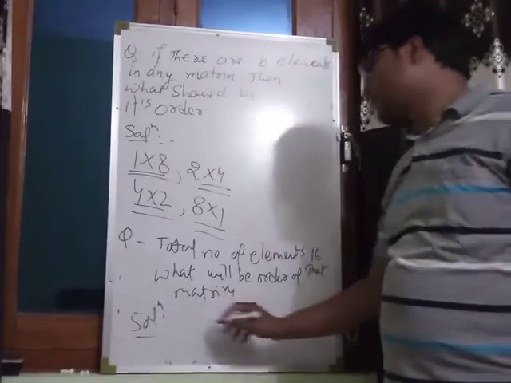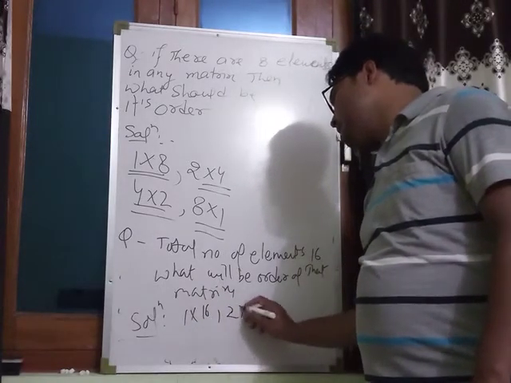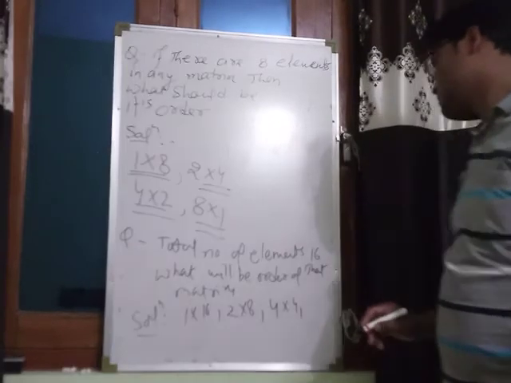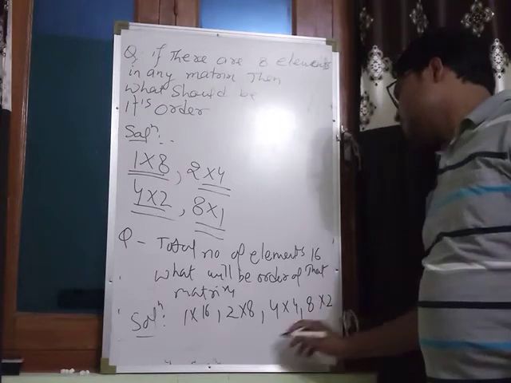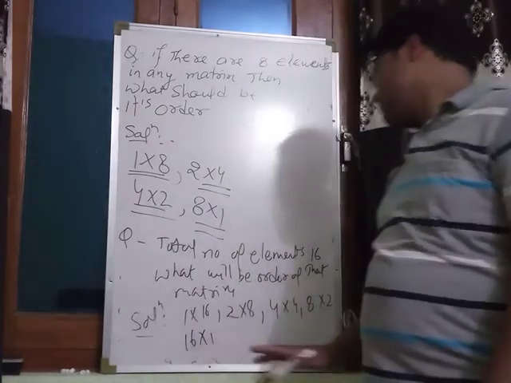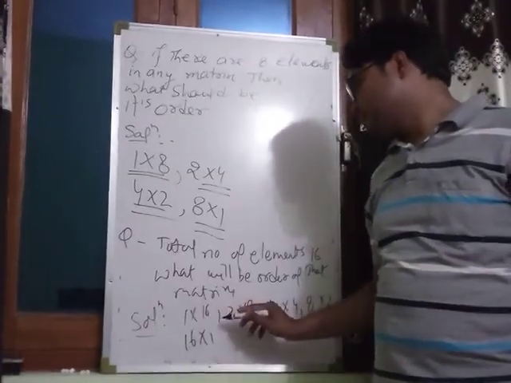That is 1 by 16, 2 by 8, 4 by 4, 8 by 2, 16 by 1. How many matrices there? 1, 2, 3, 4, 5. 5 matrices.